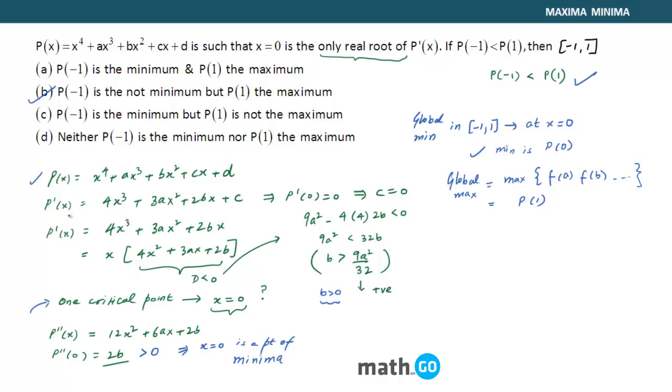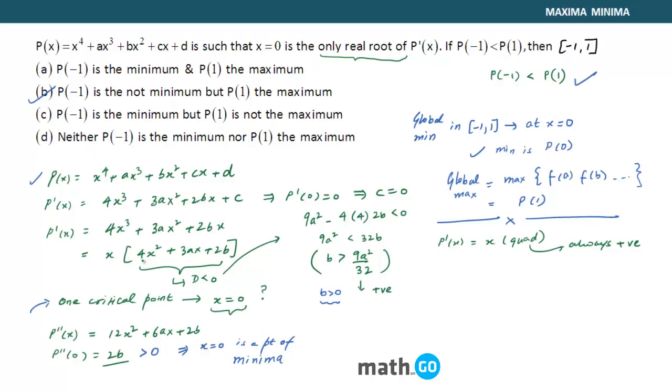If I want to elaborate on this, and if you are not able to understand by this, let me take a detailed version. Let's say p dash x, which I'm just carrying forward, is equal to x into a quadratic. Now this quadratic is always positive. Can you tell me why? Yes, I will. Here d is less than 0 and the coefficient of x square is positive.